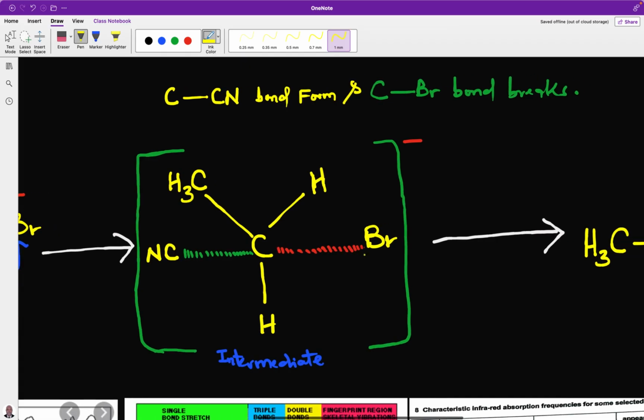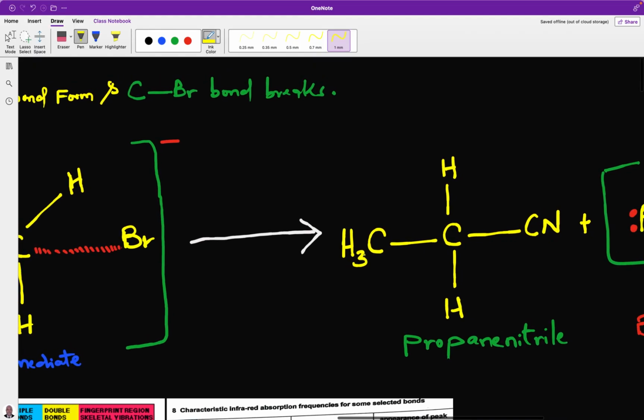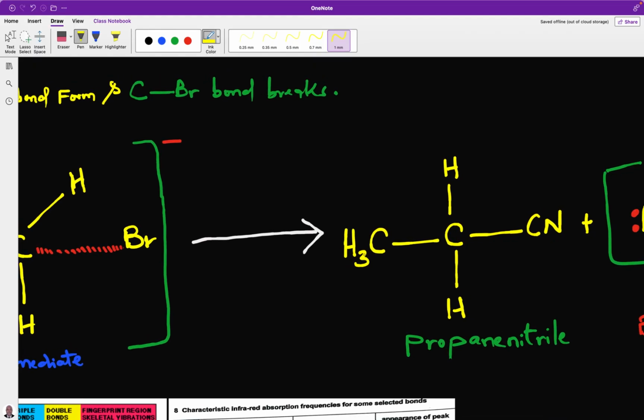And eventually, I said, it gets to a point where the carbon-nucleophile bond forms, the nucleophile firmly attached to the central carbon. And the bromine finally breaks off as a bromide ion with a lone pair of electrons.